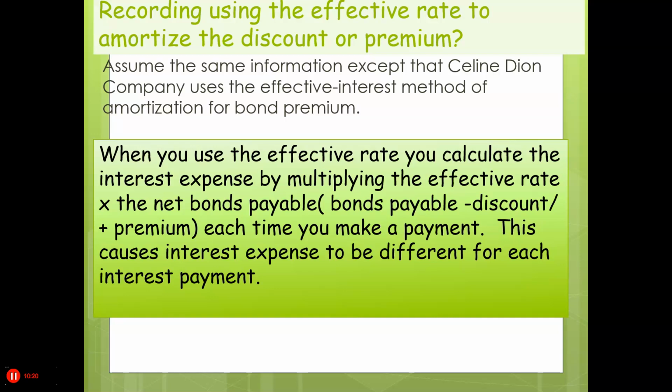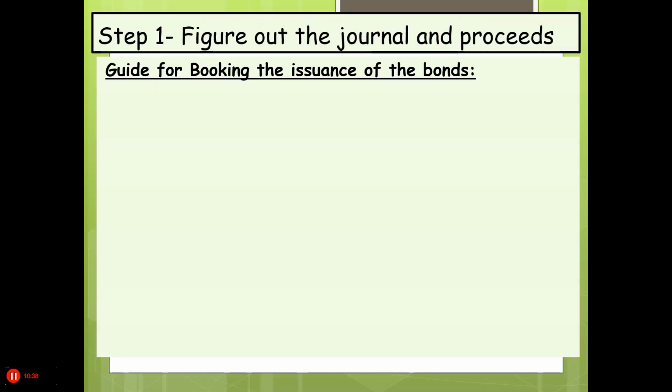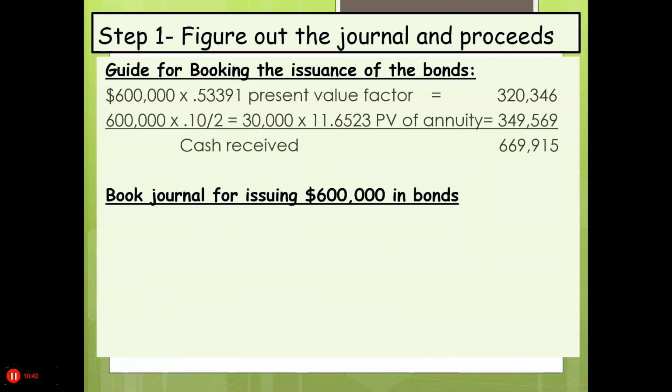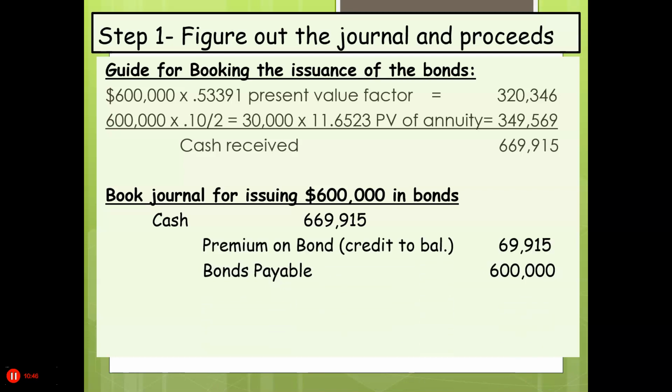Remember that when you use the effective rate, every time your interest expense is going to be a different amount because your balance in bonds payable minus the discount plus the premium is going to change because you're writing off that discount or premium. So again, we've already calculated this, and this journal is exactly the same as what we did previously.